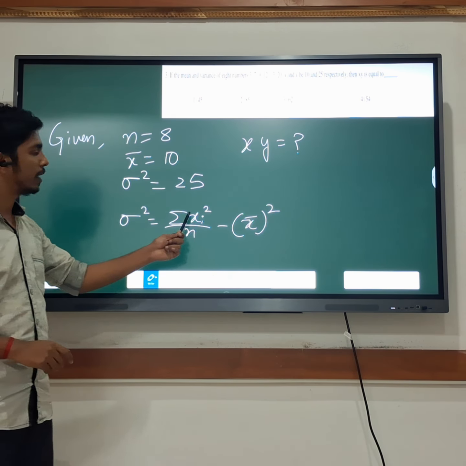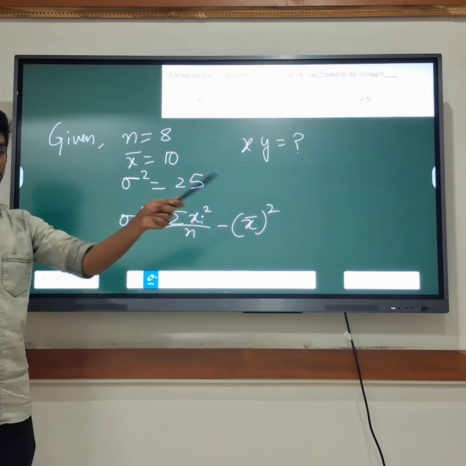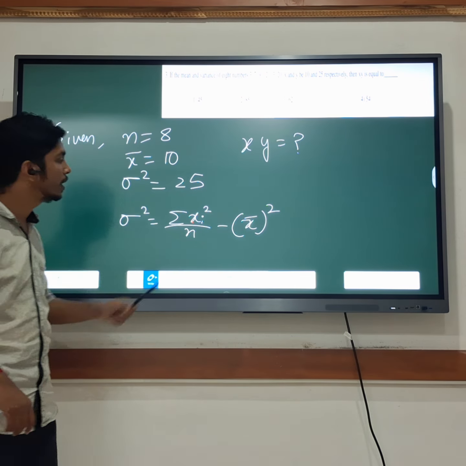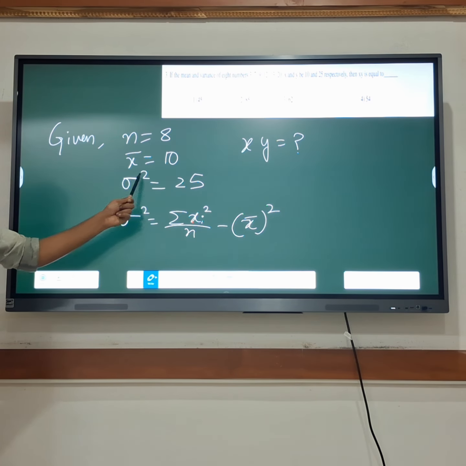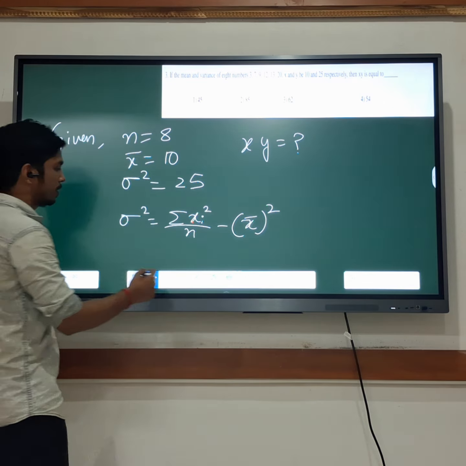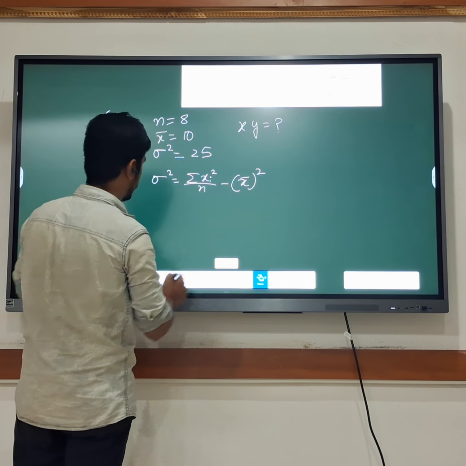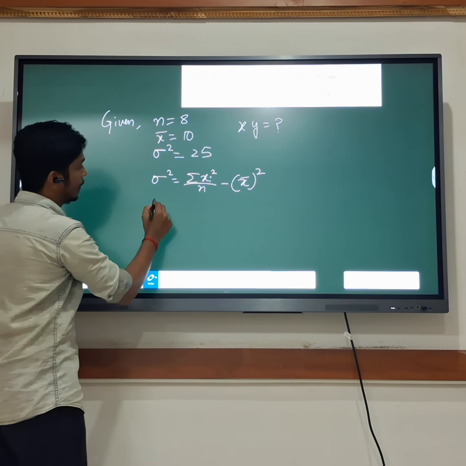Now see, we can do this. Each observation is given, so we can do the sum of the squares. Then n is the number of observations, just substitute 8, x bar is given as 10, and sigma square is also given as 25. Let's start and see how it works. Now sigma square is 25.